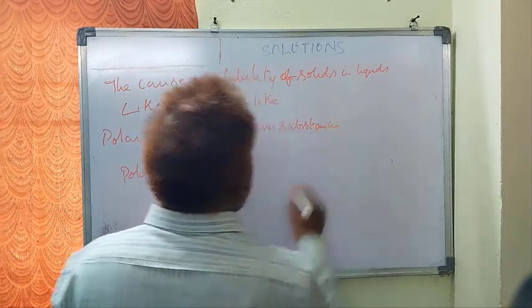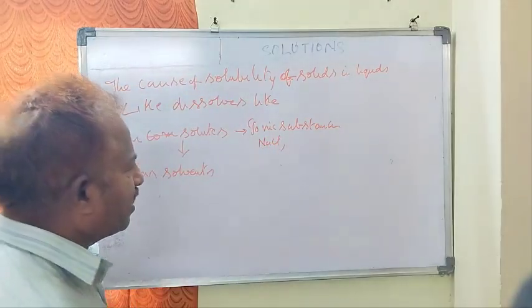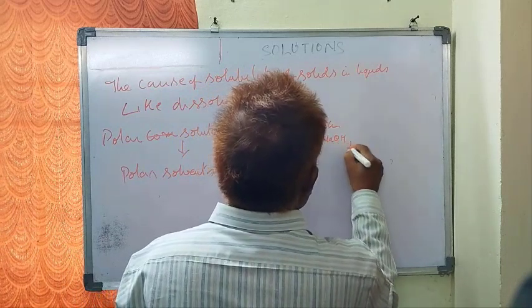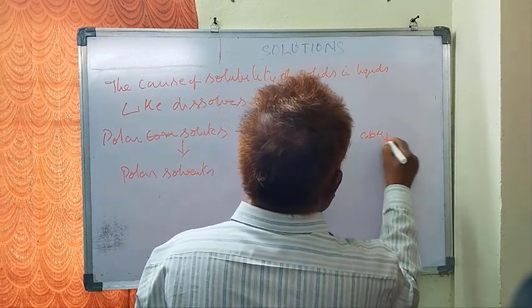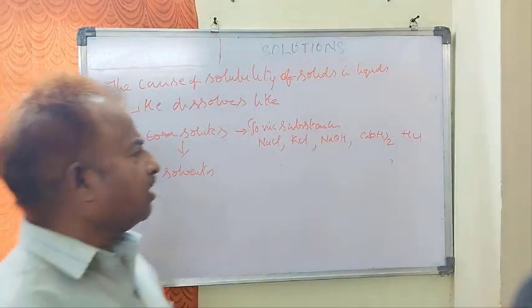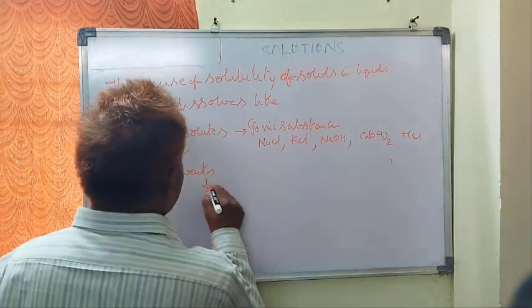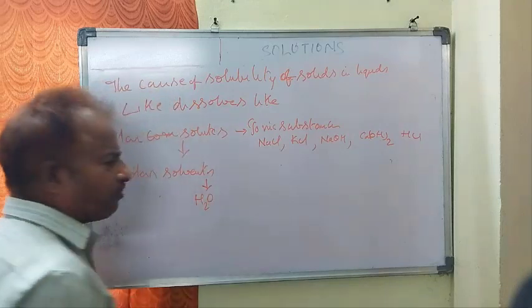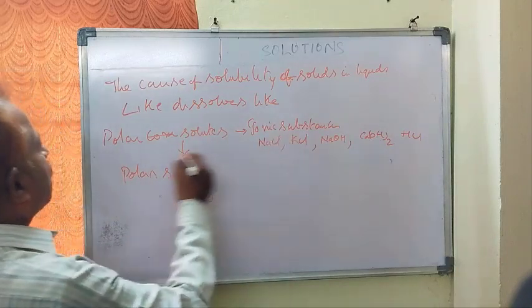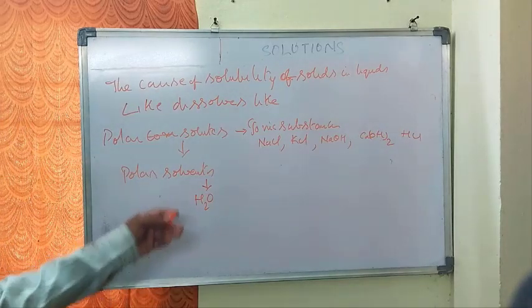The best examples are NaCl, KCl, NaOH, sodium hydroxide, Ca(OH)2, and HCl. HCl does not have an ionic bond, but it has a polar covalent bond. Therefore, it is a polar solute. And the polar solvent is water. So ionic substances or polar covalent substances dissolve in polar solvents like water.